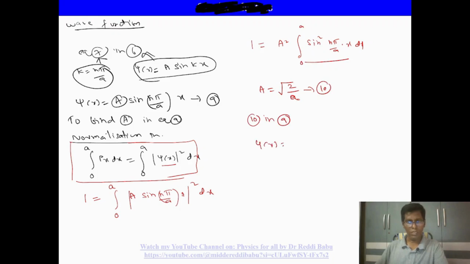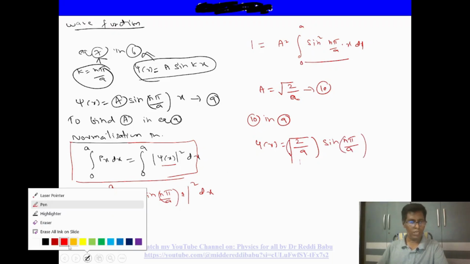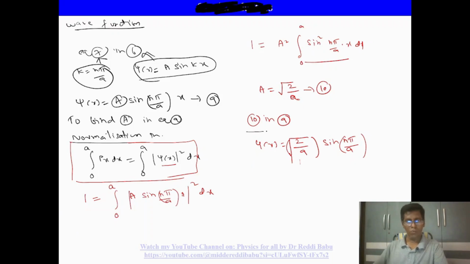Psi of x is equal to, in place of A I am writing root of 2 by a, root of 2 by a into sine (n pi by a) x. This is the equation known as the eigenfunction of the particle moving in the one-dimensional infinite potential well.